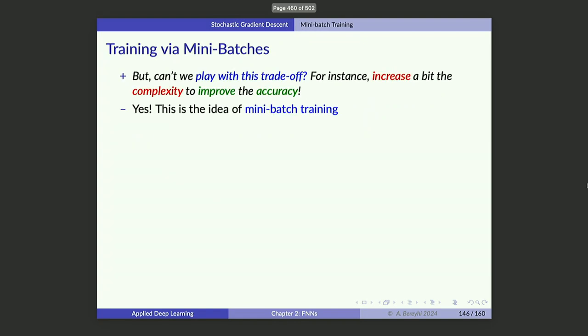So this is the trade-off that you have. On one hand, you can be very fast using sample level training, but you have lots of error in each iteration. If the true gradient tells you to go in this direction, your estimator could vary anywhere in this area. Forget that it's two-dimensional, but the gradient is something like this, this is G bar.